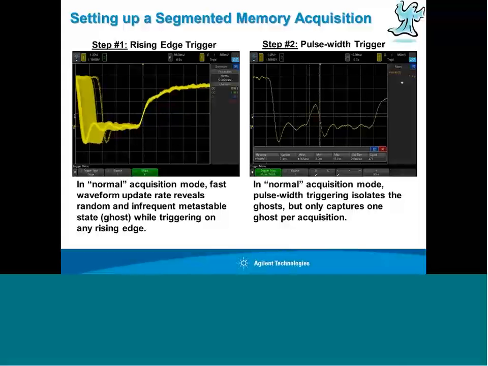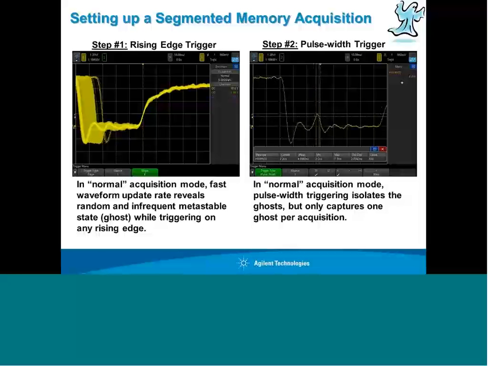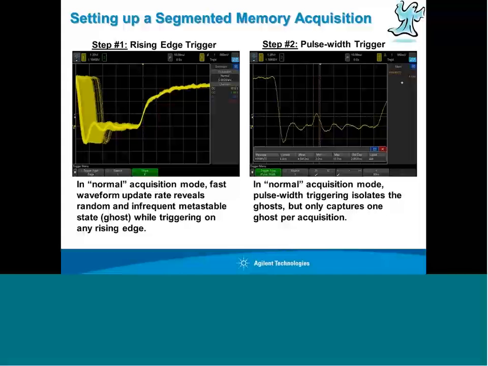So here we show a real example. This is another example of the metastable state. You take a look at the waveform on the left. You can see what appears to be a random and infrequent glitch occurring near center screen. So step 1, we're triggering on just any rising edge of the signal, and it's randomly capturing these narrow glitches at center screen.